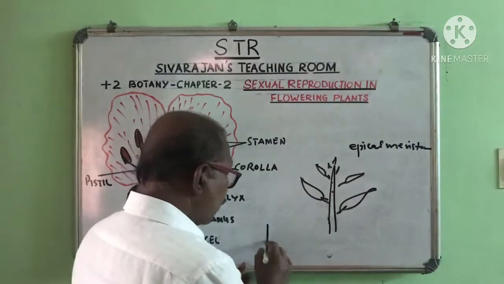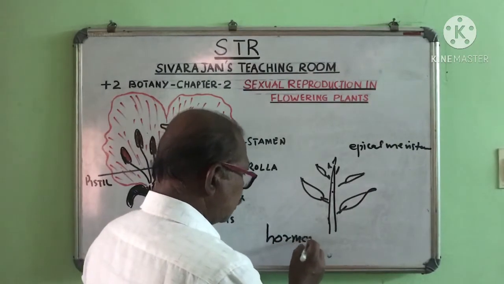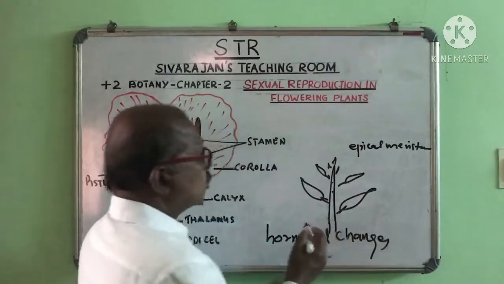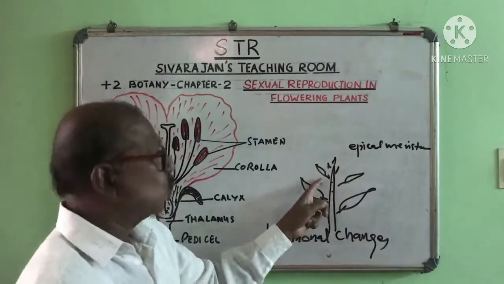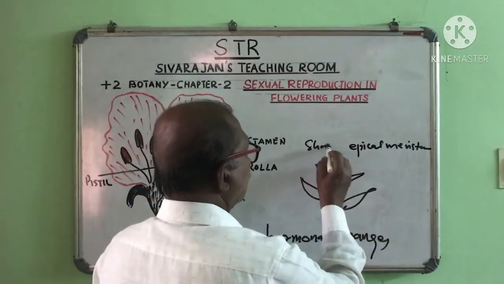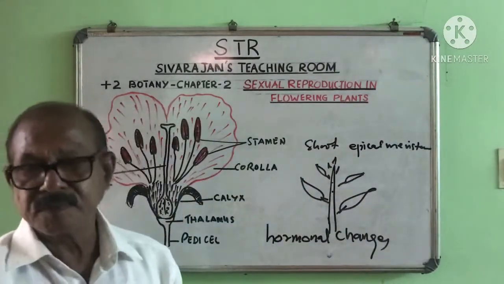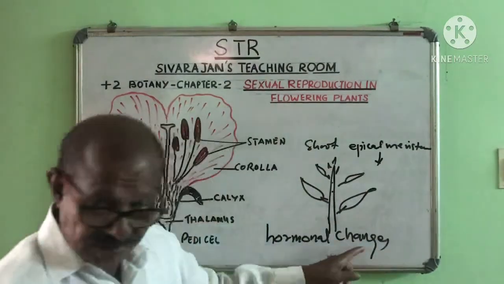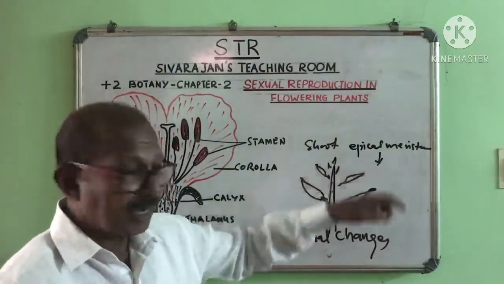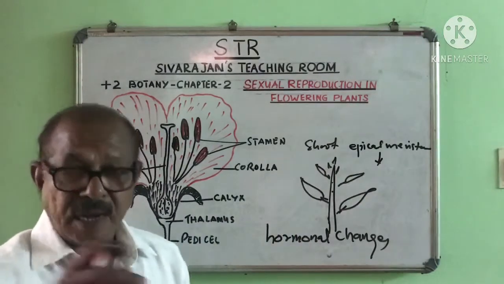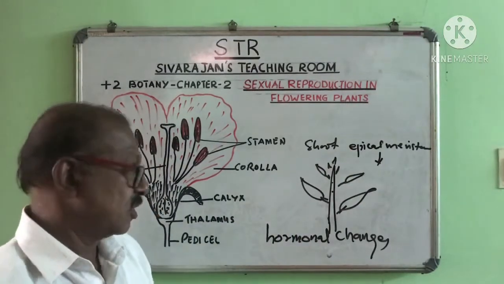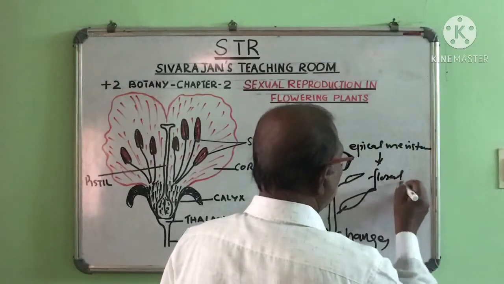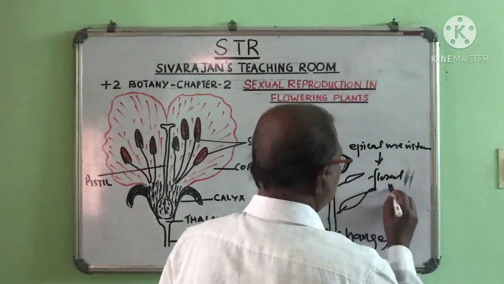Due to hormonal changes, the shoot apical meristem undergoes structural changes and becomes floral meristem.